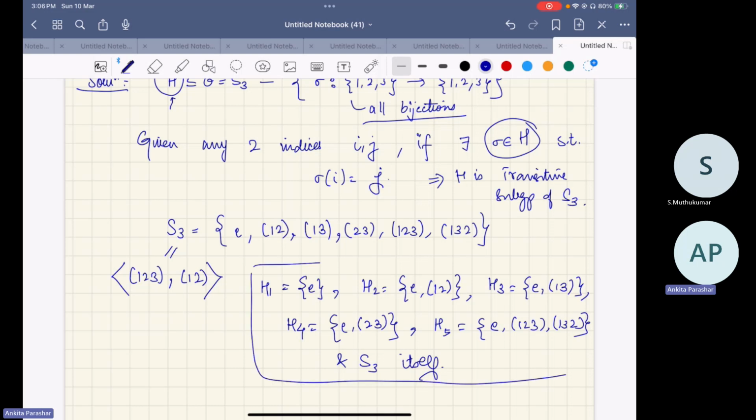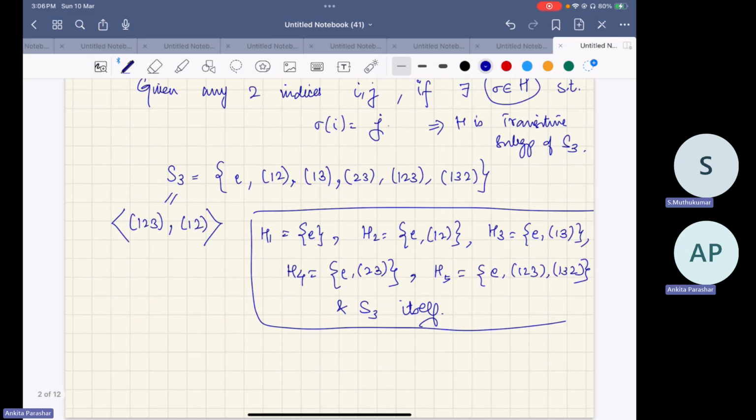So we are just checking among this list. We don't have many elements because this is a small group where we can see all possible subgroups. If you can see clearly, you can tell me which subgroups give the transitive property and which do not. It's very easy to see the structure. Clearly, for any i and j not equal, there is no such permutation in the identity subgroup, because identity fixes everything: 1 to 1, 2 to 2, 3 to 3.